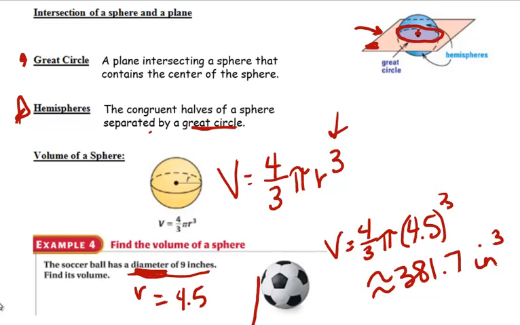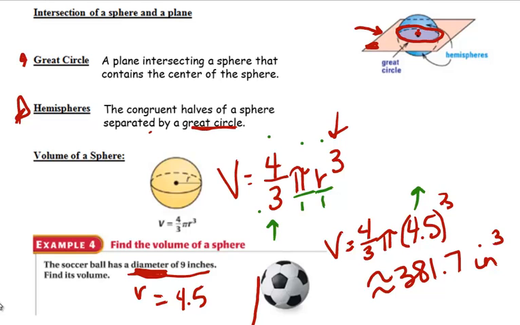Okay, I think we should go back and look at something here for a second. If you look at the volume formula, let me change colors, and say I have a fraction here. A lot of people have trouble dealing with this 4/3. So let's look at this. 4/3 is a fraction. If I want to make the other two things a fraction, I can put them over 1. There I have a fraction, right? So I would have the 4 pi r cubed on the top, and the 3 would be in the denominator. So let's look at what we would get in this problem if we kept it in terms of pi.